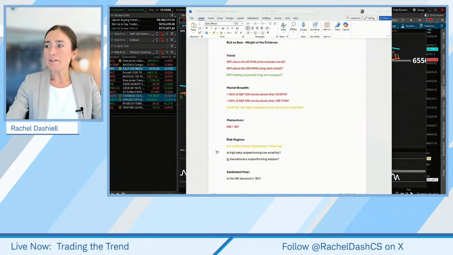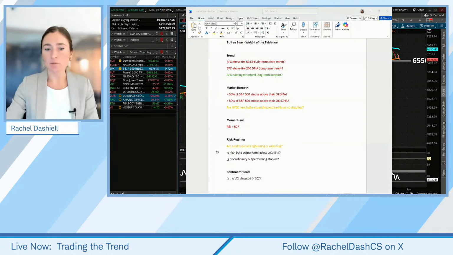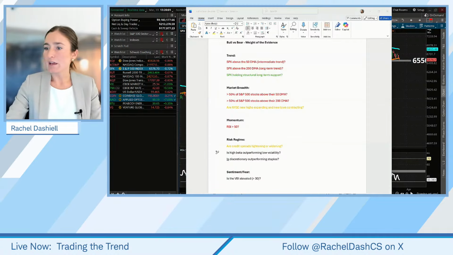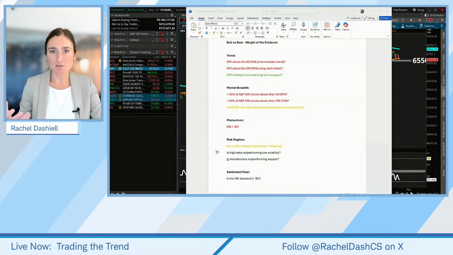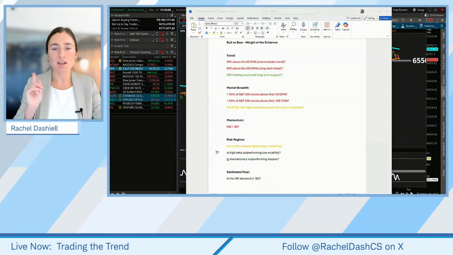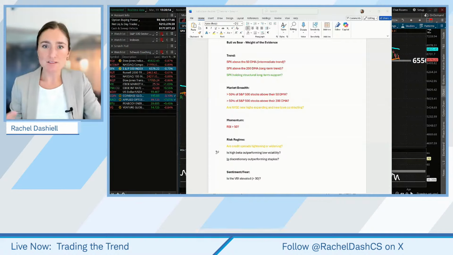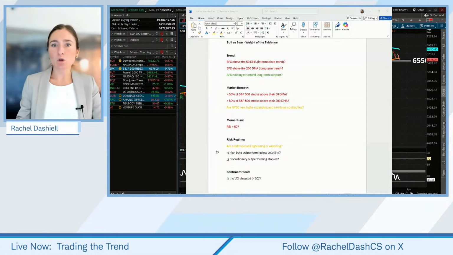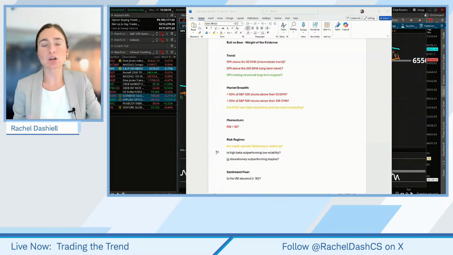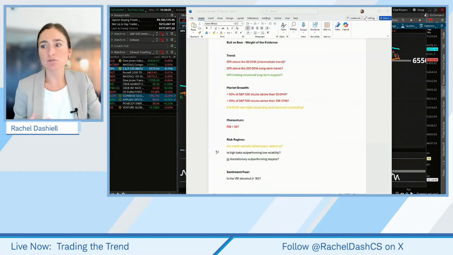Now, as far as high beta outperforming low volatility, if we look at high beta stocks, well, what is beta? The market has a beta of 1. You're going to have more volatile, more aggressive stocks with a beta larger than 1, and a lot more of those slow growers with a beta of less than 1.